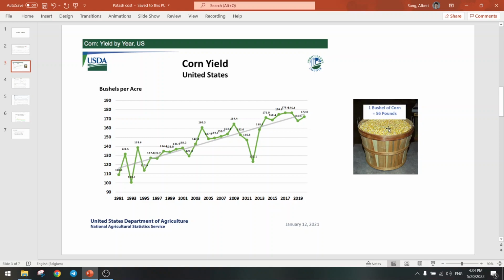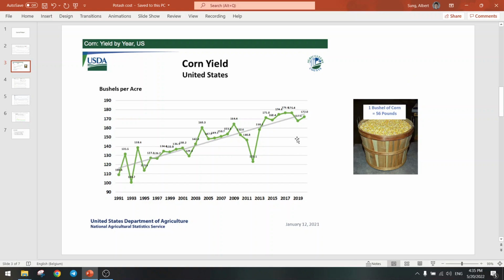It's basically just a bucket with corn in it, and it's 56 pounds. And you can see here that the amount of bushels has been rising over time. So the US is doing very well. They can produce more bushels per acre, and that's because they use more techniques, more fertilizers, etc.